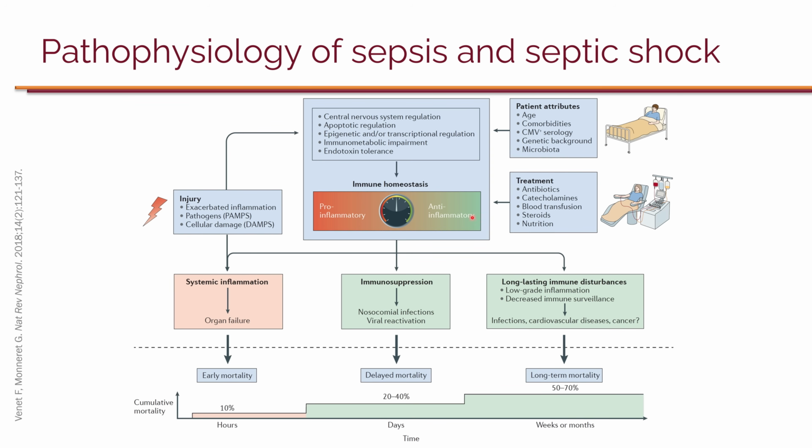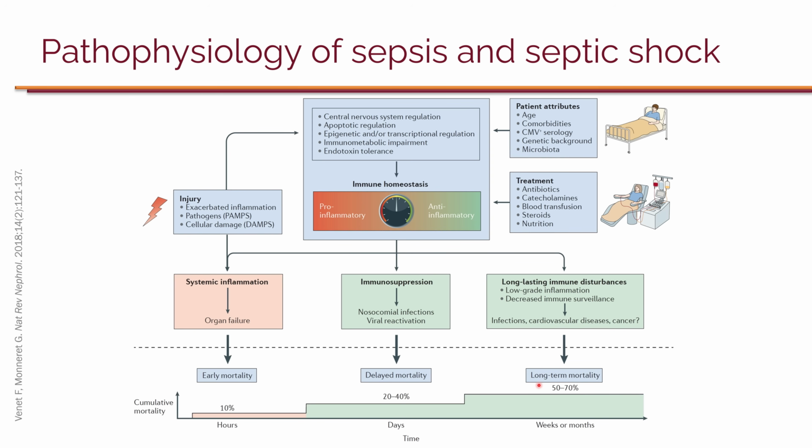And then as the body struggles to balance the pro-inflammation and anti-inflammation to maintain homeostasis, there is ongoing immunosuppression that can result in delayed mortality, which happens over the next few days. And then, of course, there are longer-term consequences. So, weeks or months to follow as the patient even gets discharged from the hospital.